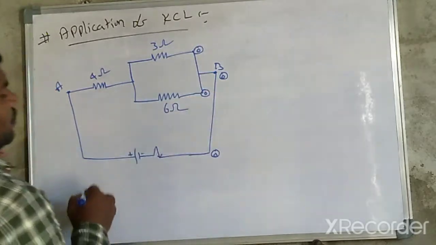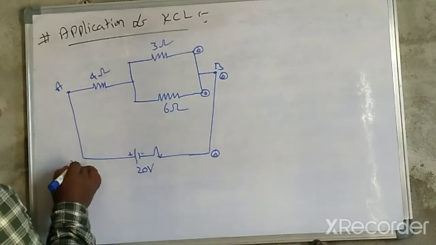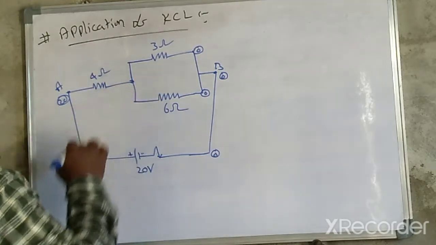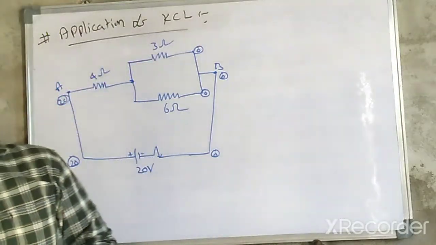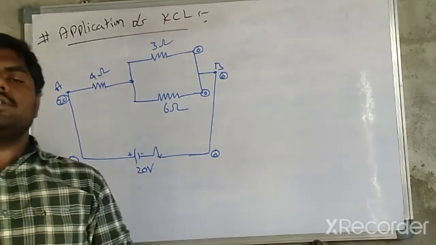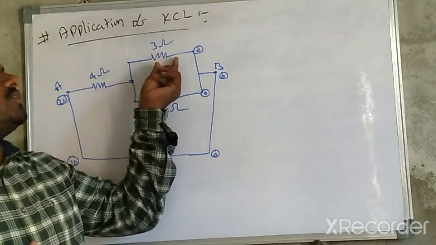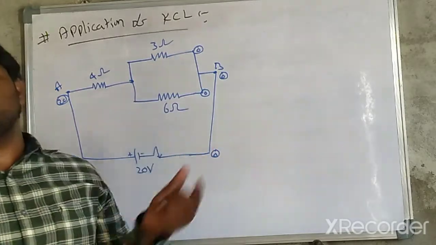Let us consider this the 20 voltage, 20 here, 20 here. According to KCL you may identify the first junction and how much current is passing through the 4 ohm resistor, the 3 ohm resistor, and the 6 ohm resistor.